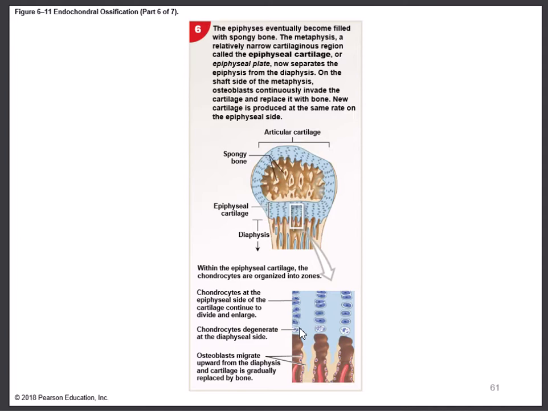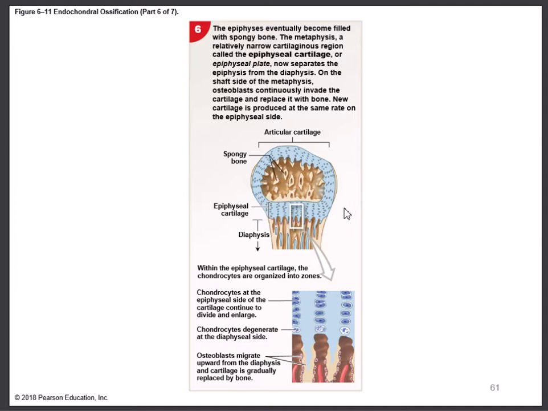As they break down, they form these cavities right here, and now the osteoblasts, you can see them right here, move into those cavities and produce bone. As we're producing bone here at the bottom of the epiphyseal cartilage, at the same time we're making new cartilage over here, and this continues to stay growing wider so that the bone will grow in length.